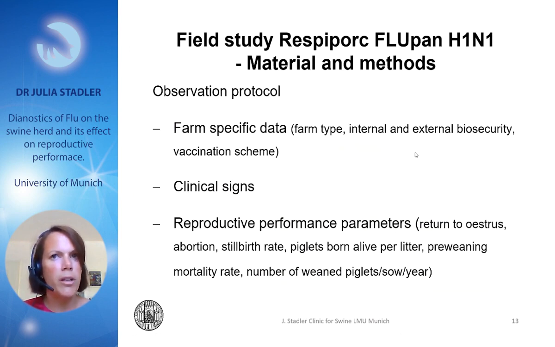We assessed them qualitatively and not quantitatively, so not with a score system, because the focus of our study was to evaluate the reproductive performance parameters. In particular, we collected the return to estrus, the abortion and the stillborn rate, the piglets born alive, the pre-weaning mortality, and the number of weaned piglets per sow and year.